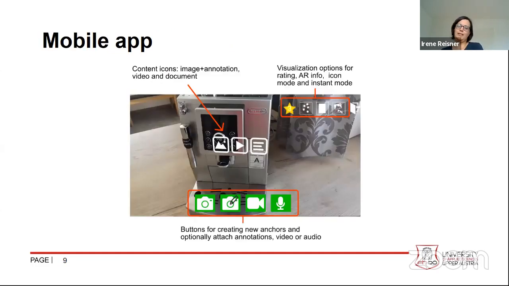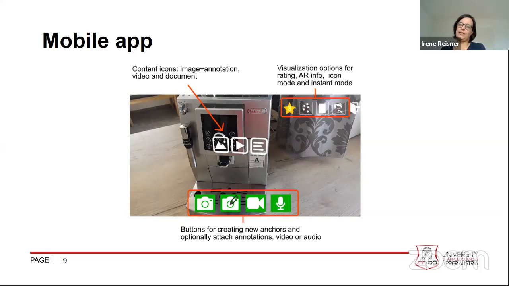So here you can see a screenshot of the mobile app. On the right top corner, there are some visualization options, for example, to include augmented reality info and switch between some modes.